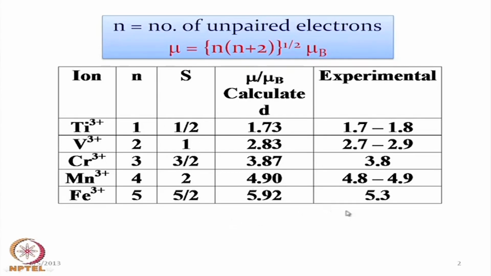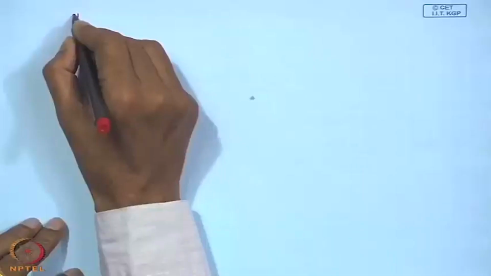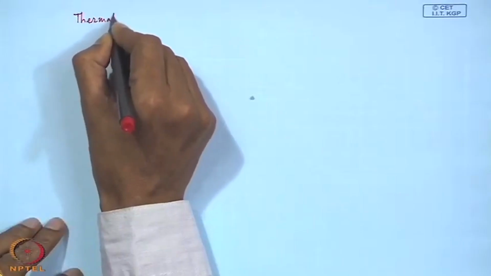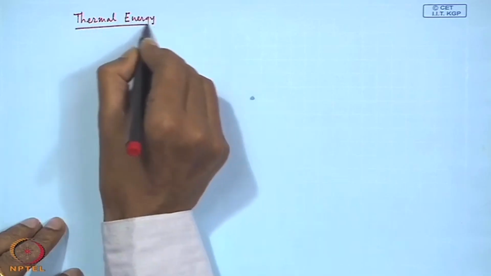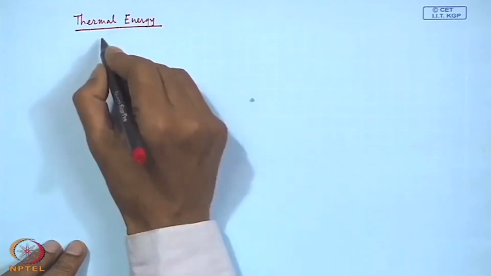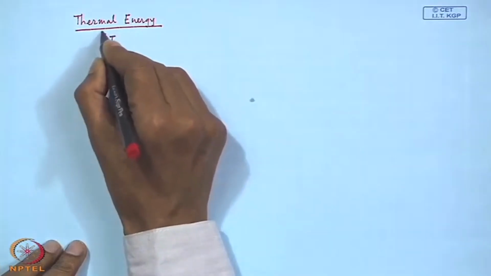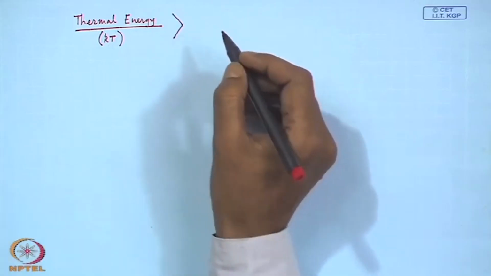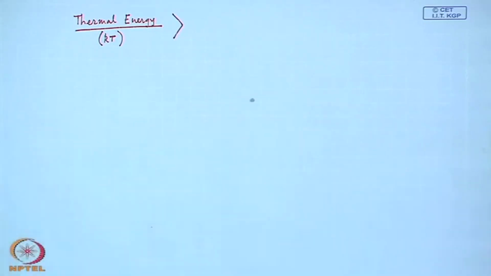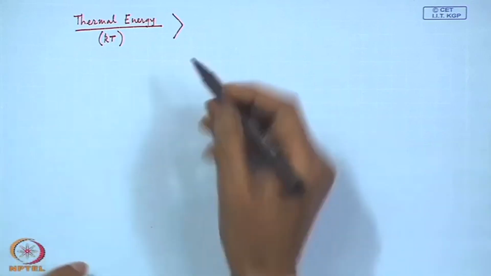So these spin only values can be very useful for a particular arrangement in the first transition series ions, because we have the available thermal energy in terms of the kT values, and this thermal energy can control the magnetic properties of the metal complexes.